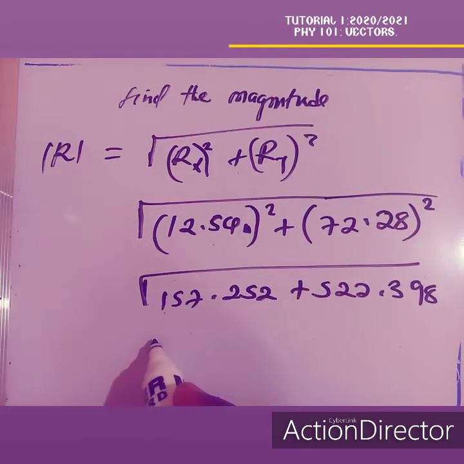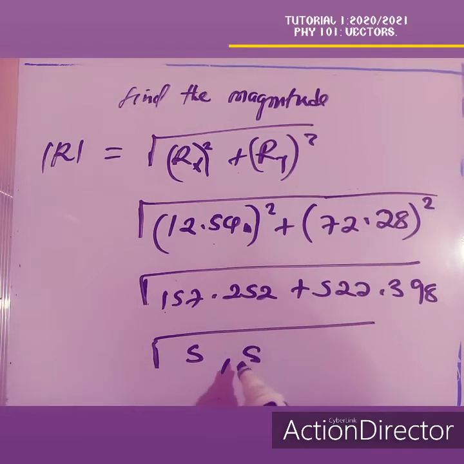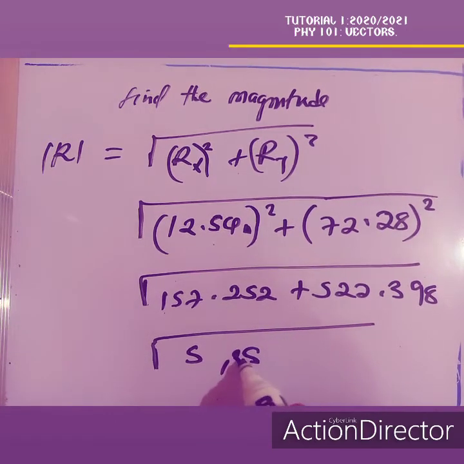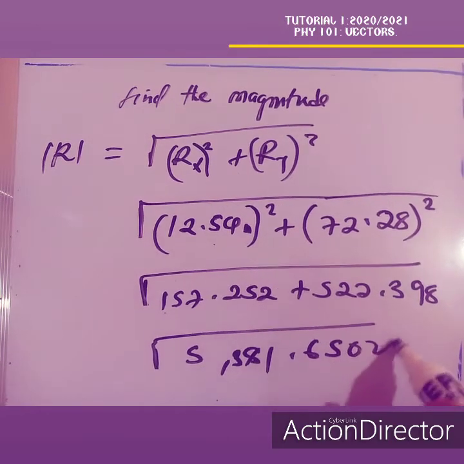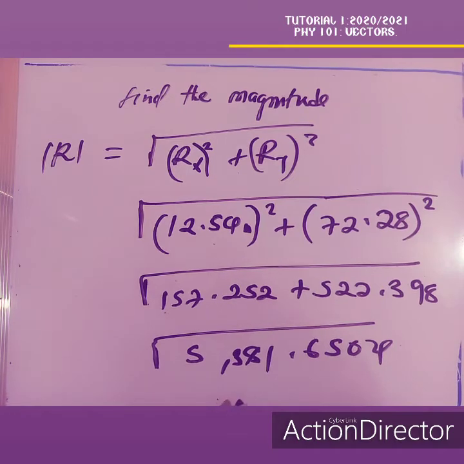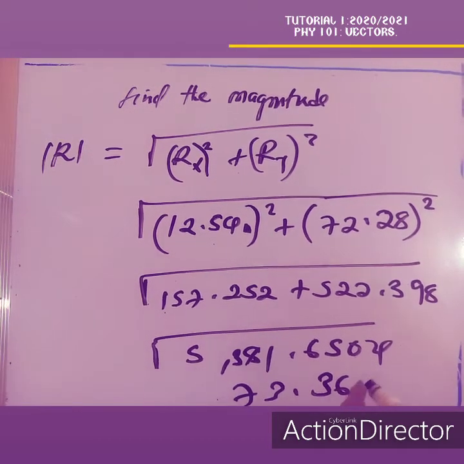So this is going to give us 5,381.6504, which is now our final one. The square root of this will give us 73.36 meters. That will be our final answer.